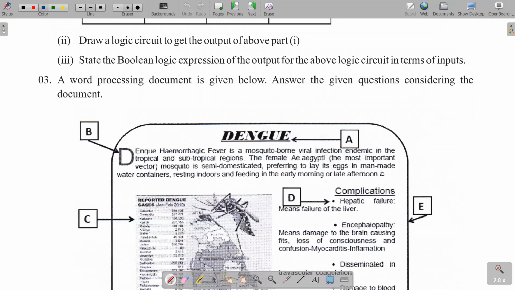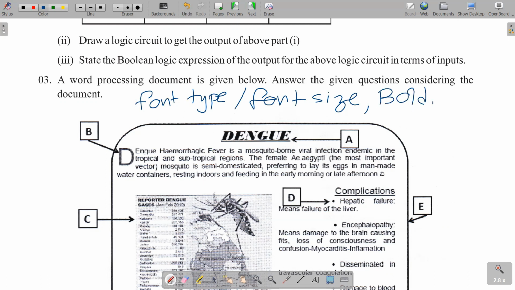So you can simply say the font type because it has different font type, as well as font size, and you can go with the bold as well as italic, underline, and you can say center alignment as well.